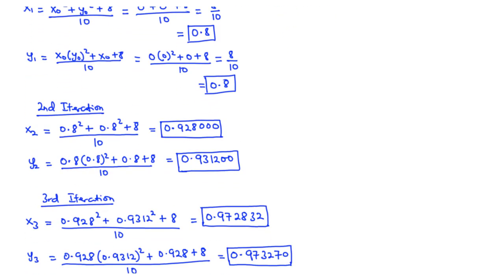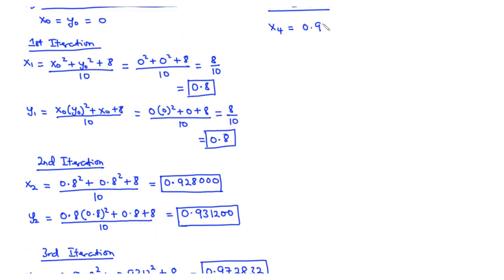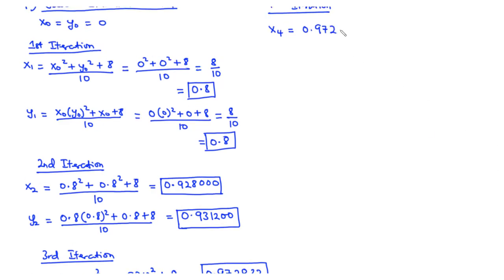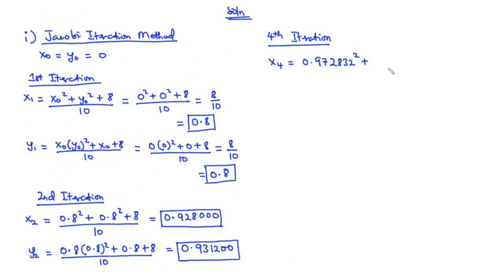So we have x3 to be 0.972832. So we have the square of it, plus that of y3, that's 0.973270, also square, plus 8, and we have this all divided by 10.